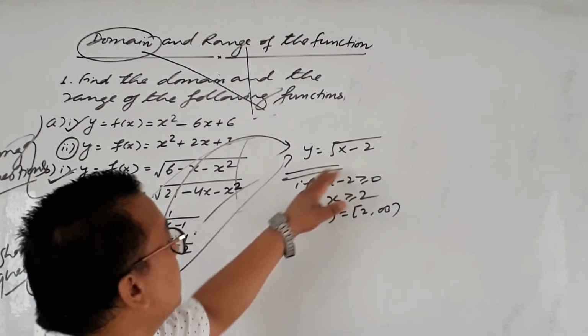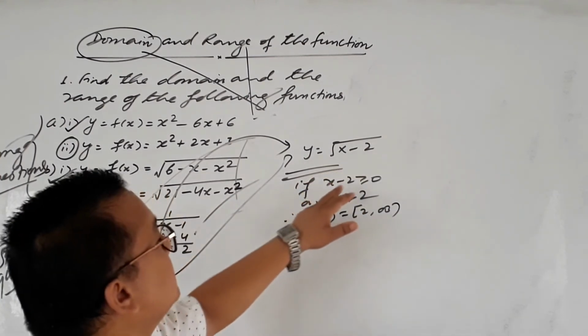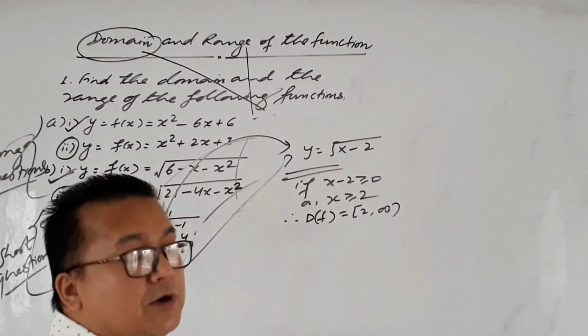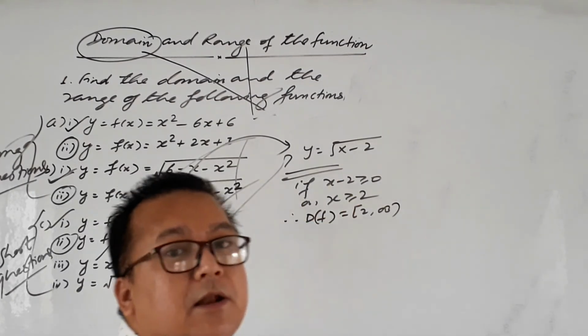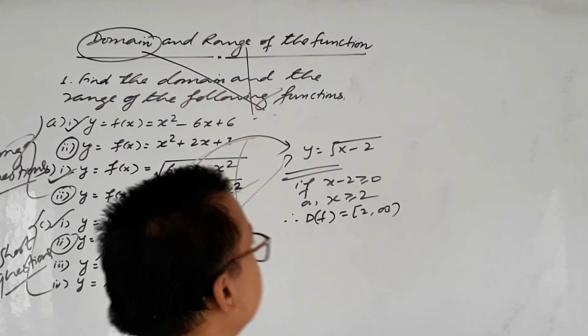And here you will write: the function will be defined if x minus 2 is greater than or equal to 0. As I told you, if we have a square root form, then the expression inside the radical must be greater than or equal to 0, right?